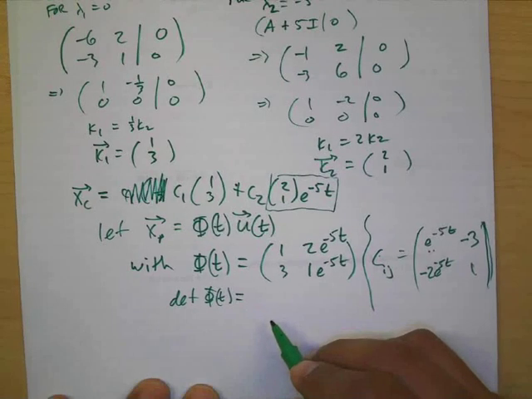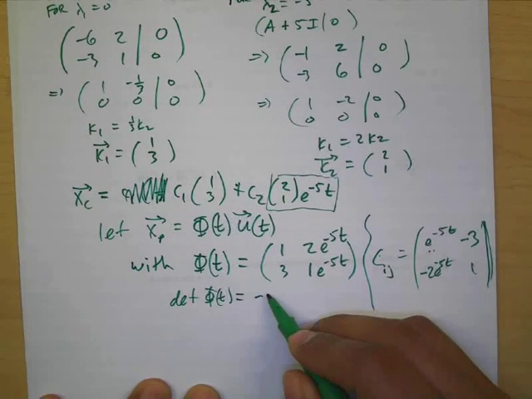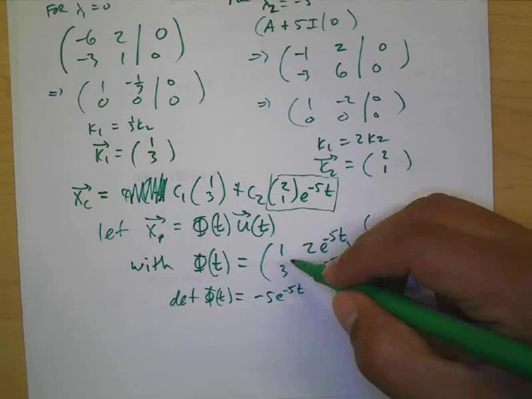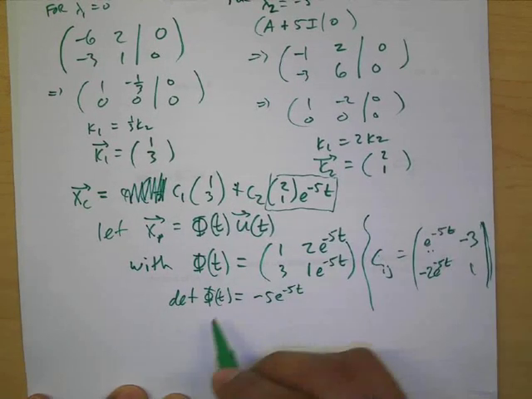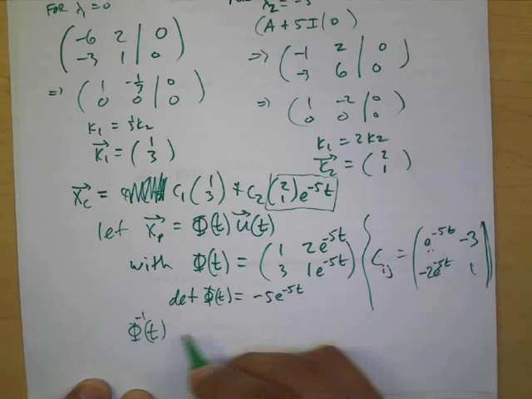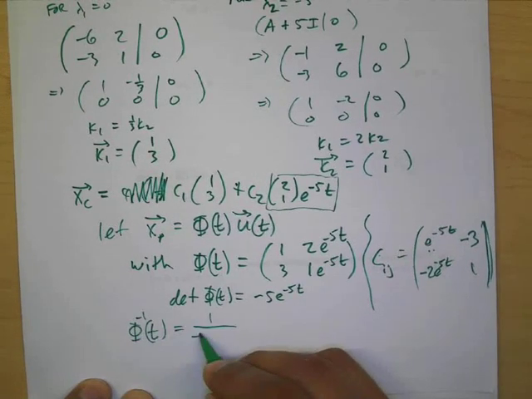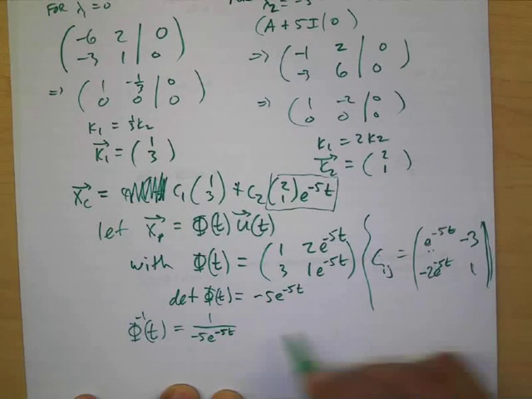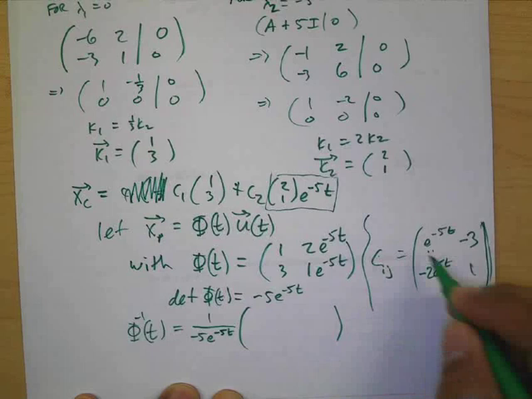Okay, so the determinant of this would be what? Negative 5 e to the negative 5t, right? Because 3 times 2 is 6, not 5. So then the inverse is going to be 1 over this. And now we take the transpose of this matrix.